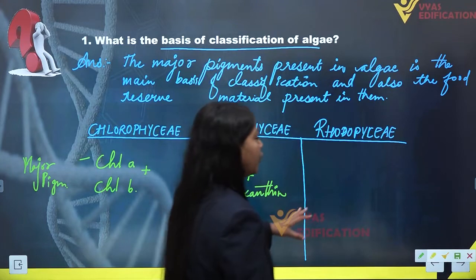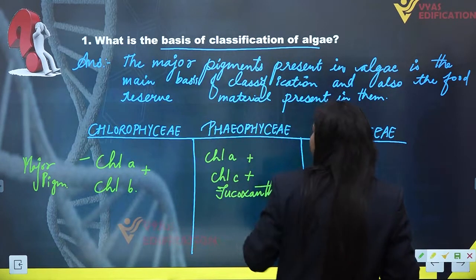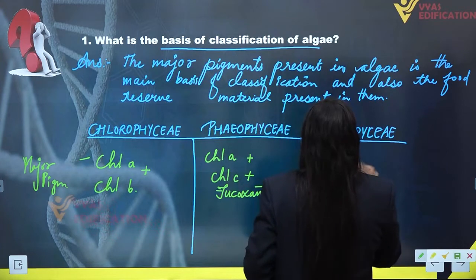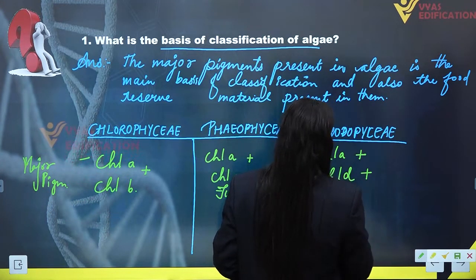Now in Rhodophyceae we have chlorophyll A. Chlorophyll A is common in each category of algae. Chlorophyll A, chlorophyll D plus phycoerythrin.